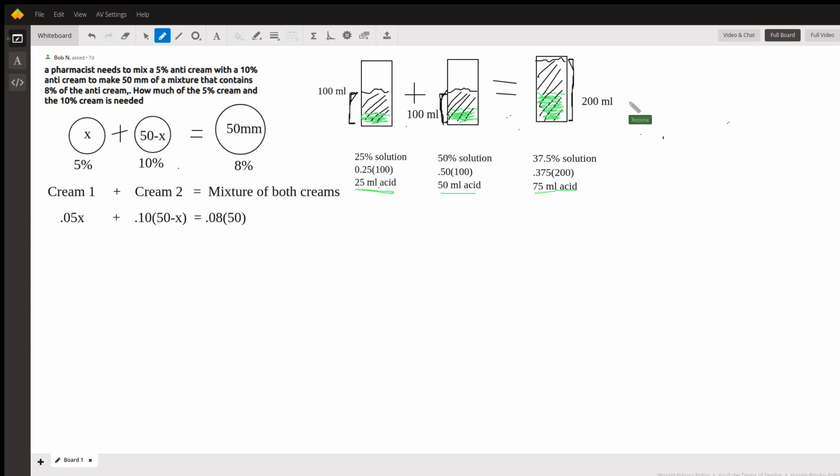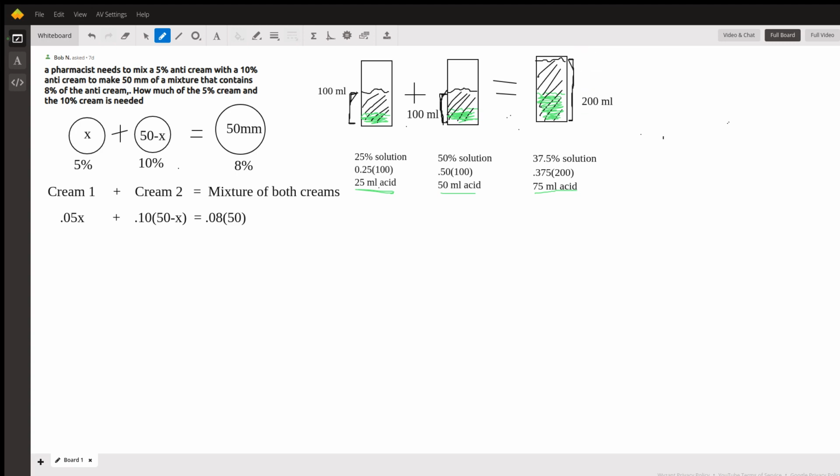So if we think about it, 75 out of 200, well, taking out my calculator, I'm going to get 0.375. So we're going backwards to figure out this percent, and we get 37.5%. So after we combine them, it's a 37.5% acid solution in there.